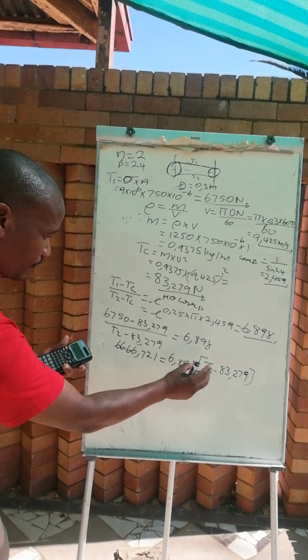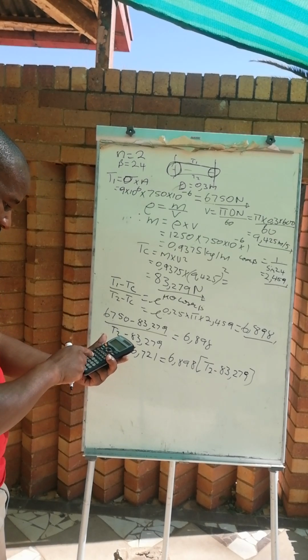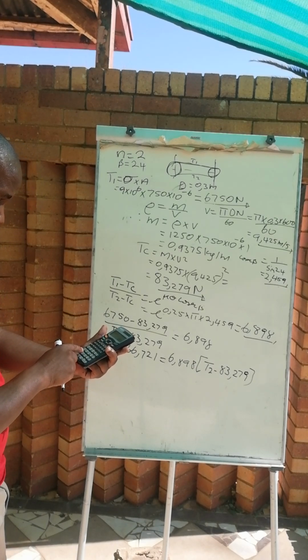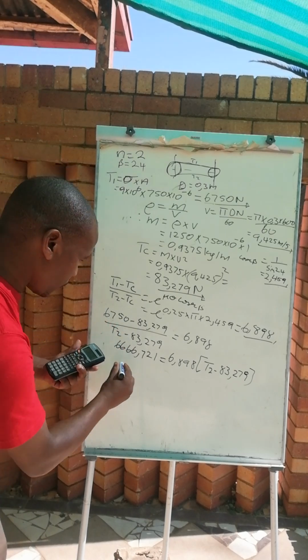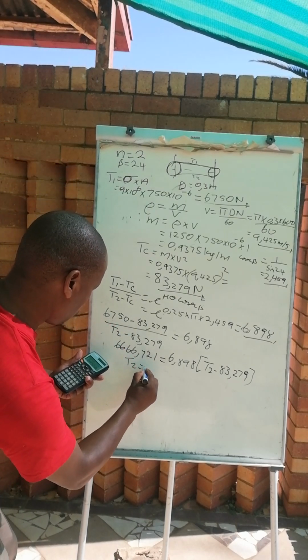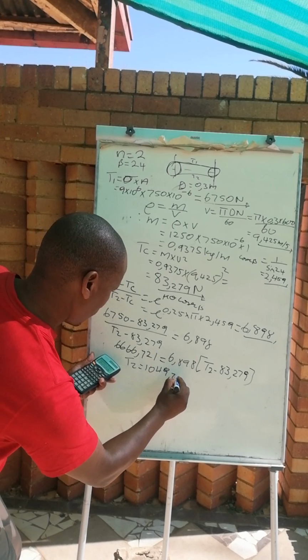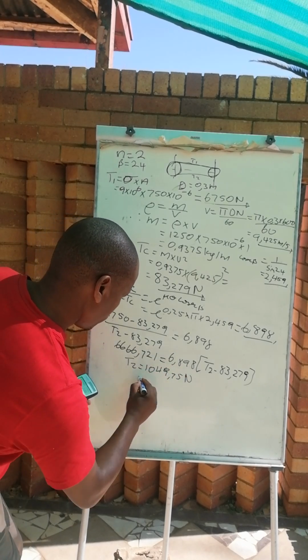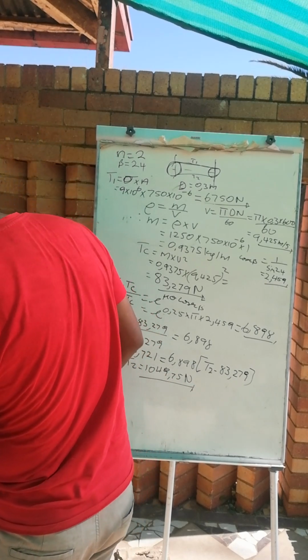And then we bring this to the far side and add 83,279. Answer: T2 is equal to 1049,75 Newton. That's T2.